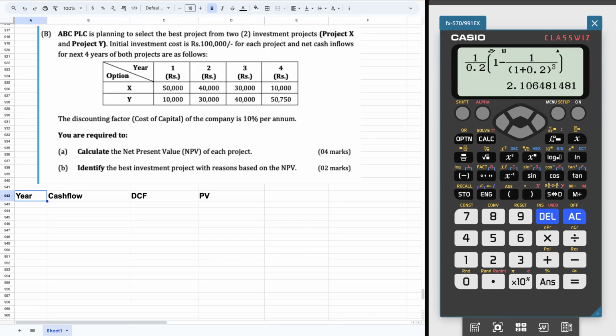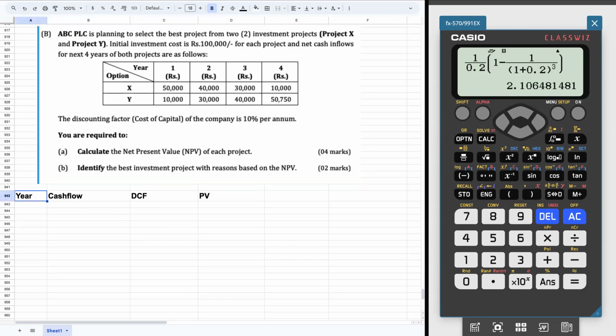This is the methodology I said to you. But here, we have to calculate not only for one project or one investment, we have to do it for two investments. We have to calculate the present value for two investment projects, that is X and Y.